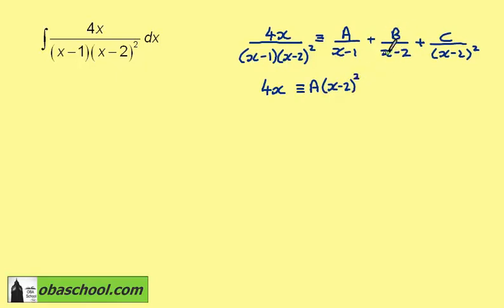For this term, multiplied by all of this, the x minus 2 will cancel with one of the x minus 2's, leaving us with B times (x minus 1)(x minus 2). Multiplying this term by the whole of this denominator means the (x minus 2) squareds will cancel, leaving us with C times (x minus 1).